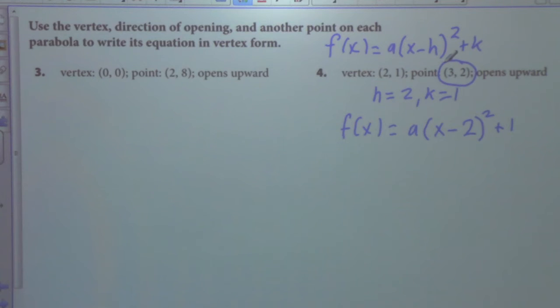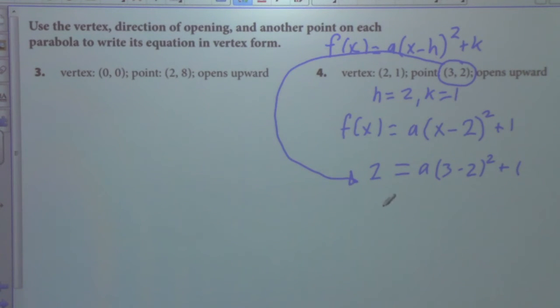We're going to find a by taking this 3, 2 and plugging it in right here. And to do that, it's going to be, correct me if I'm wrong, 2 is equal to a, and we know x is 3, so that's going to be 3 minus 2 squared plus 1. 3 minus 2 should be 1, right?